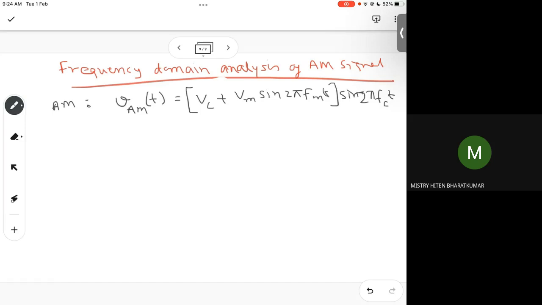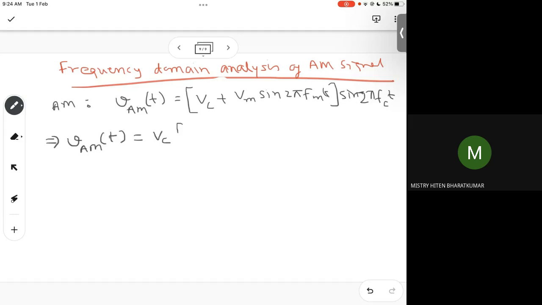So that is something we have learned. I could write this in the form of modulation index also, which we can rewrite as VAM(t) equal to Vc, taking it as common. And we can write it in the form of modulation index also.